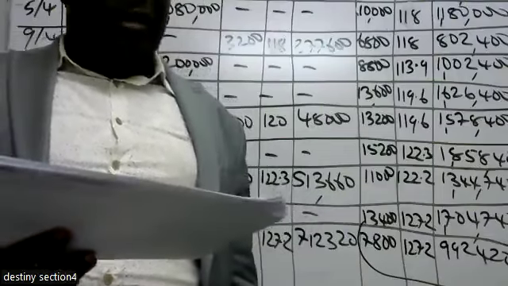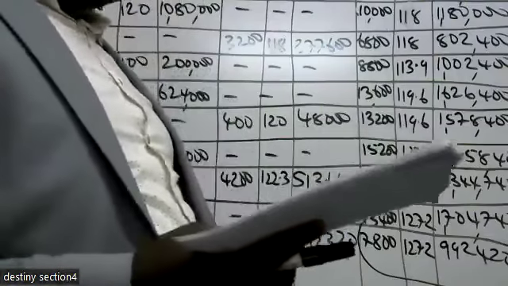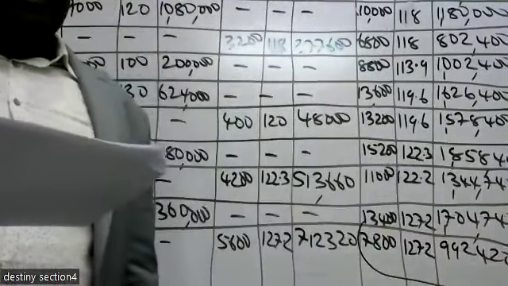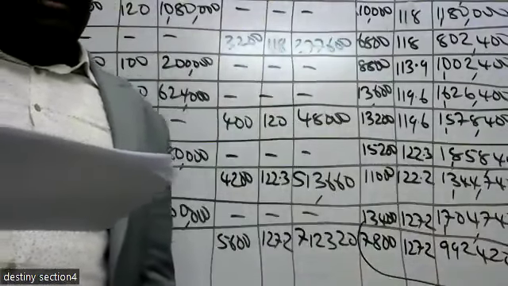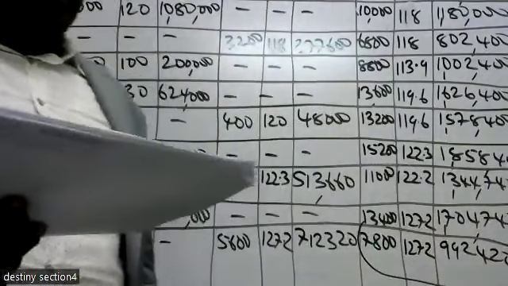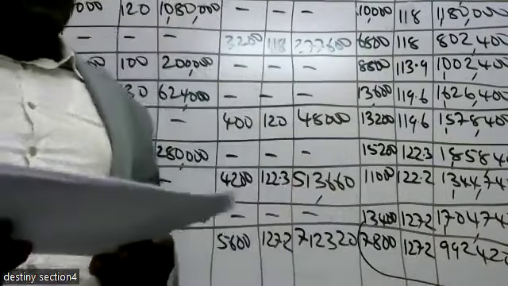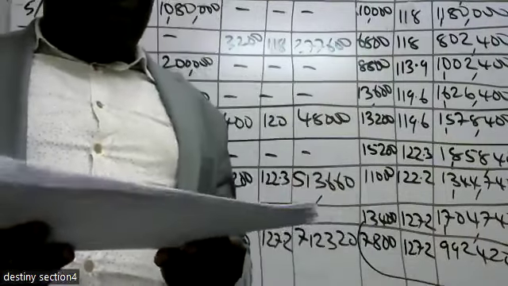Labor cost can be classified into A, direct or indirect cost; B, fixed or variable cost; C, controllable and non-controllable costs. You will read those terms. Then I've given you features of a satisfactory labor remuneration system. Even that one, you create time and read.